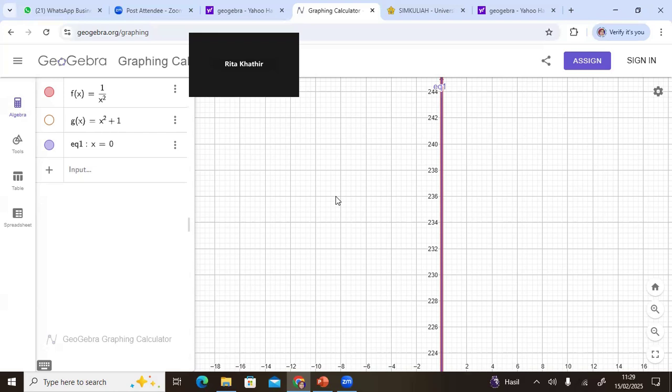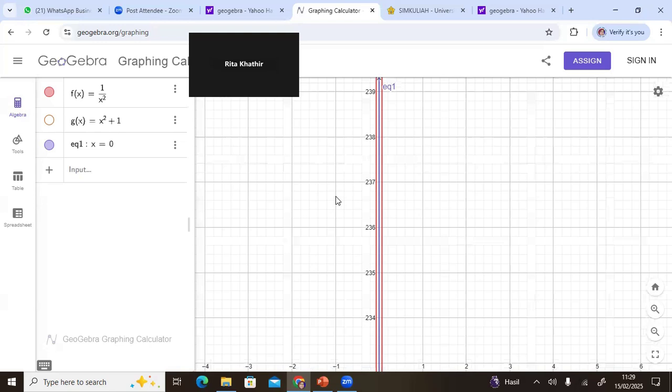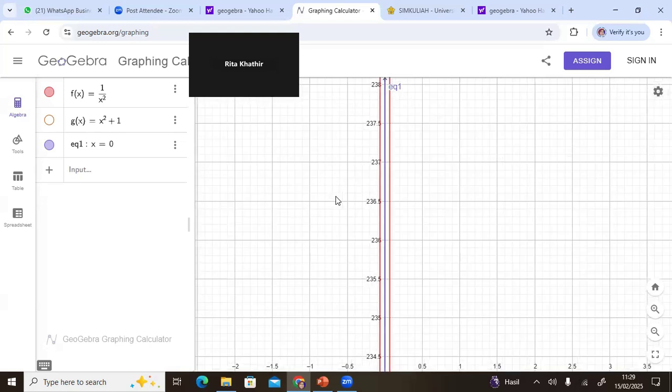I will zoom in. You see? Never reached. Previously, it seemed to overlap, like it had reached already. But if we zoom in, that is the meaning of belief.